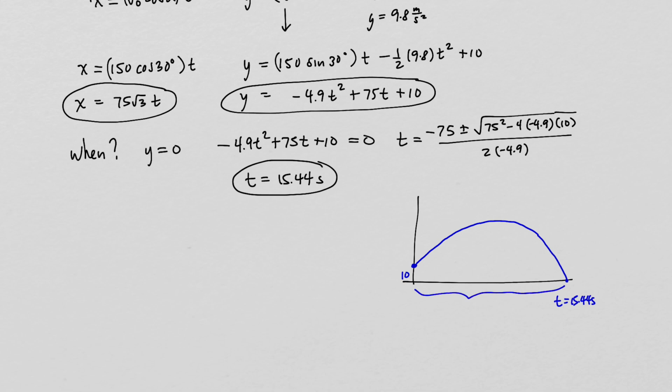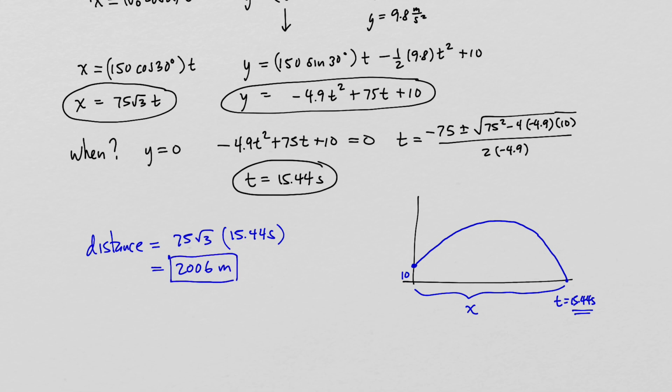So to find the distance traveled, we need to find the x value at this particular time. So the distance traveled is going to be 75 radical 3 multiplied by 15.44 seconds. And if we do the math on that, we get 2,006 meters. So that is the total distance traveled.